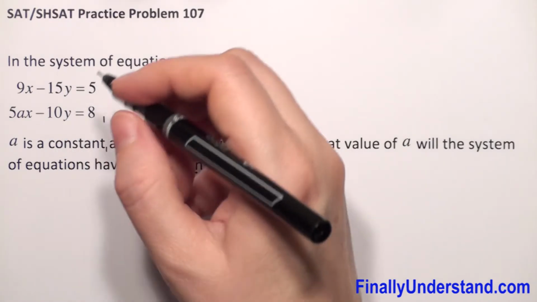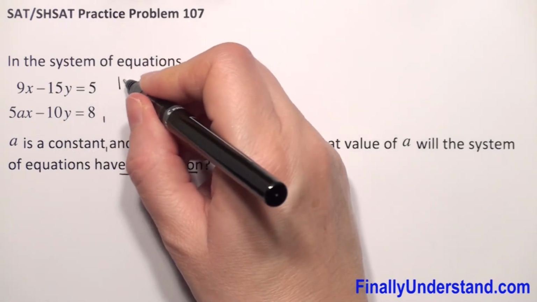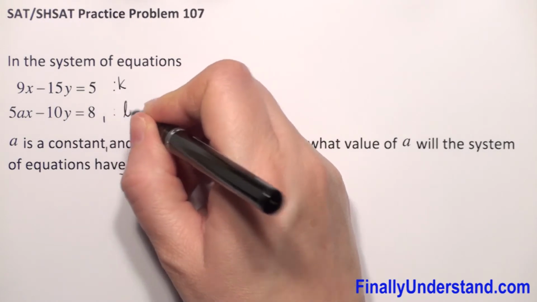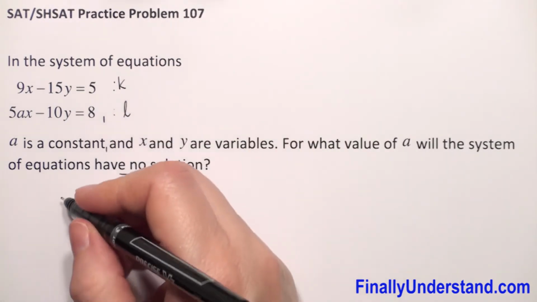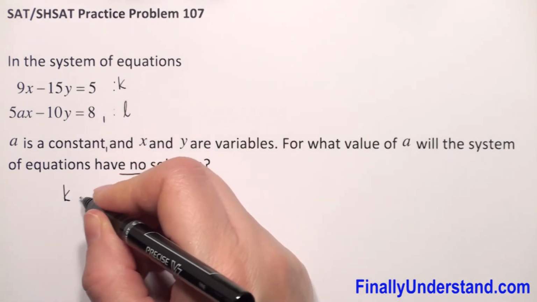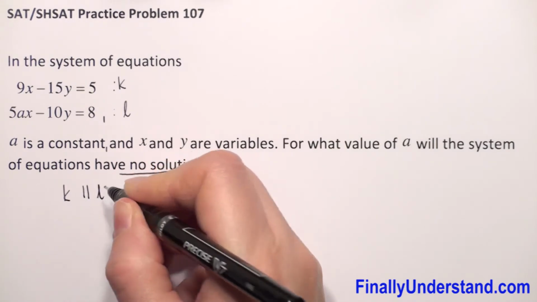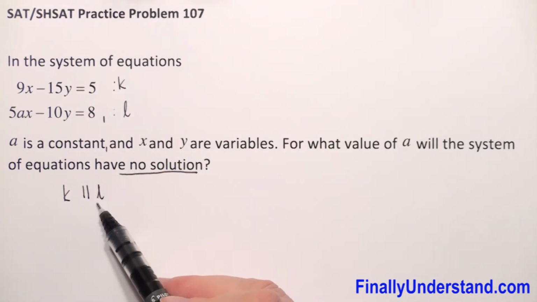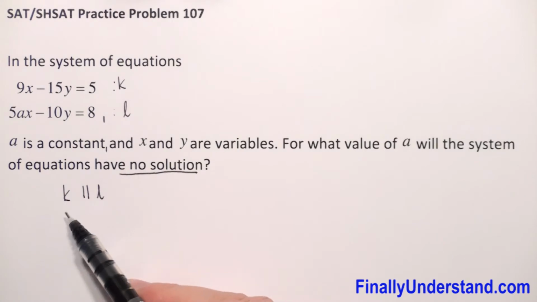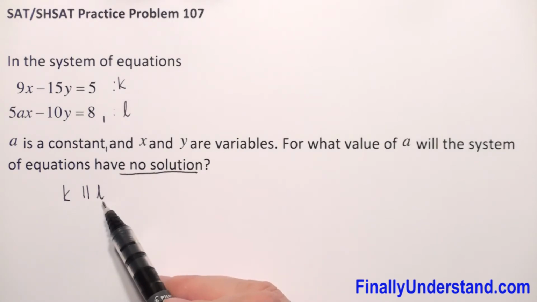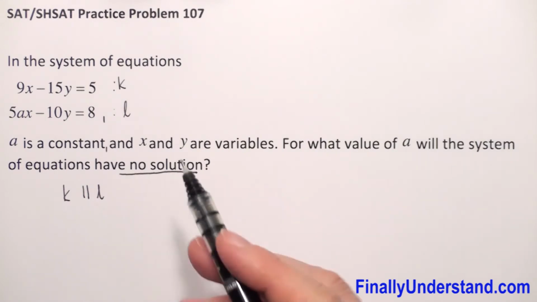So let's say that this is line K and this is line L. We will have no solution if line K is parallel to line L. What does it mean? Line K will be parallel to line L if the slopes of these two lines are the same.